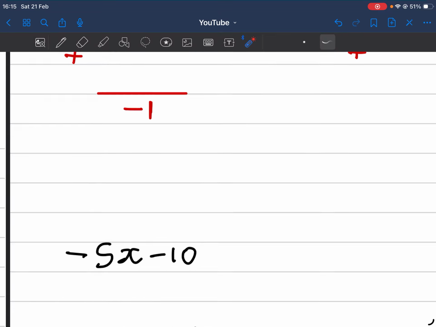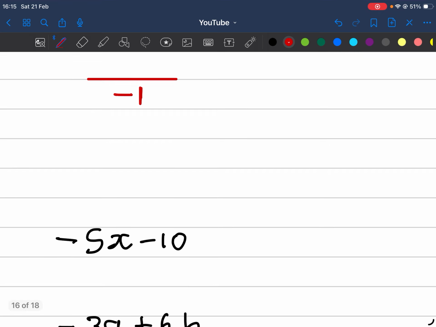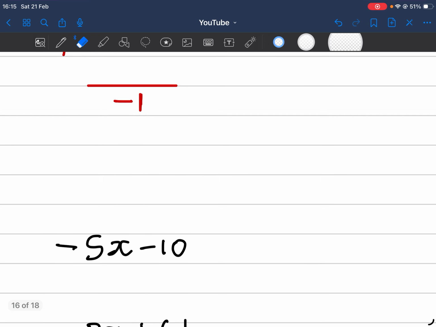So let's have a look at this one here. We have negative 5x minus 10. Alright, we're gonna first factor out a negative 1. Okay, let's actually change this question to negative 5x minus 12.